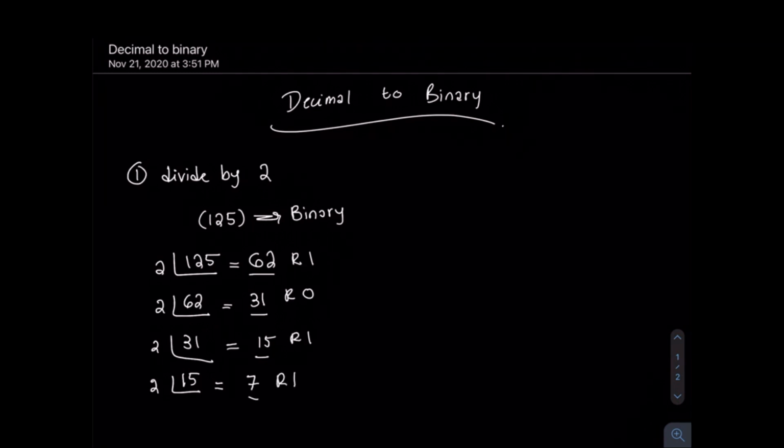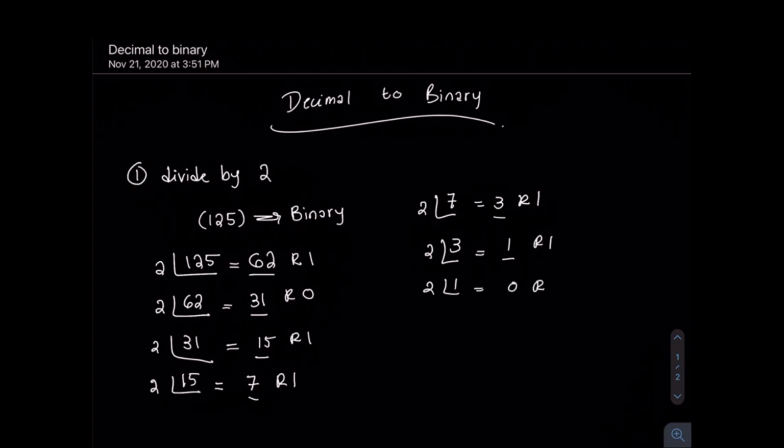Then take 7, divide it by 2, it will equal 3 with the remainder of 1. Then take 3, divide it by 2, equal 1 with the remainder 1. Then the 1, take it and divide it by 2, it will equal 0 with the remainder 1. We will stop when we get to 0.